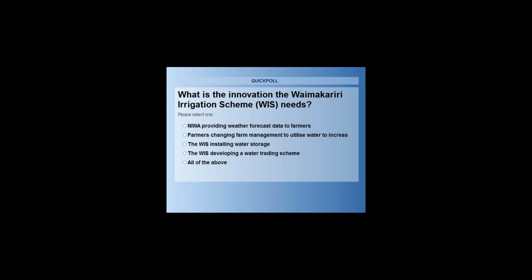Is that weather forecast and solely that weather forecast, or does it actually mean that farmers need to change their own farm management to utilize the water better and more efficiently and therefore increase their profits? Is it the irrigation scheme installing a water storage thing, or is it the irrigation scheme developing a water trading scheme? Or maybe is it all of the above? Your choice.